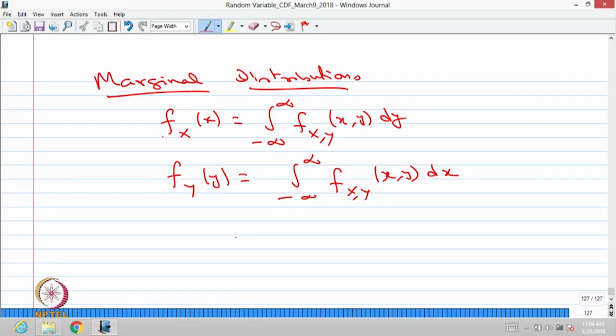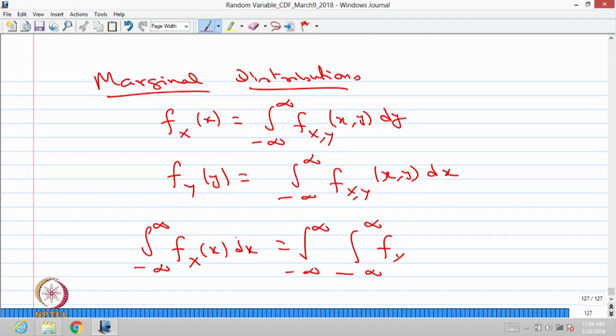One can verify how this is going to be the probability density function of x and how this is going to be a probability density function of y, because this function f of x is always going to be greater than or equal to 0, and if you integrate from minus infinity to infinity the probability density function of x, that is going to be a double integration from minus infinity to infinity of the joint probability density function of x comma y. Therefore we know that the double integration from minus infinity to infinity of the joint probability density function is going to be 1.